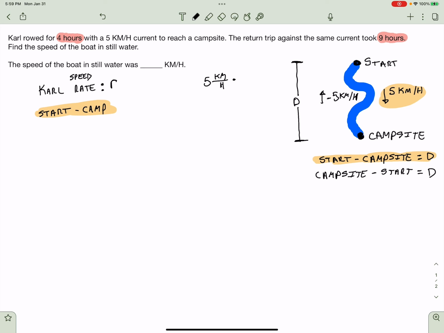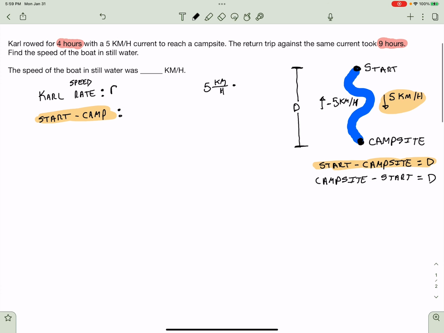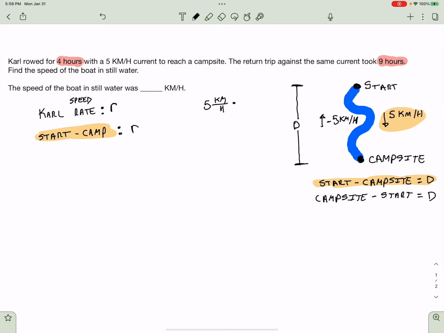So we're not just traveling at Carl's rate. We're traveling at his rate plus the 5 kilometers per hour, because it's added on to the speed. That water is pushing us along with Carl pushing the boat. The next one we have is camp, which I'm shorthanding again, to start.